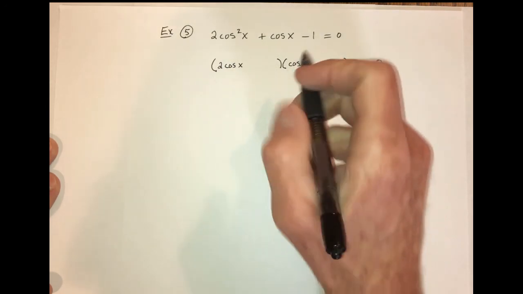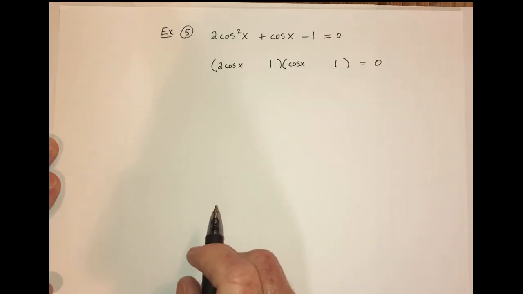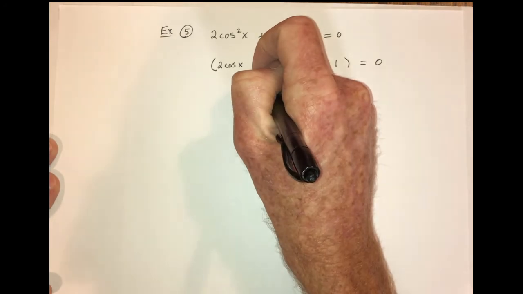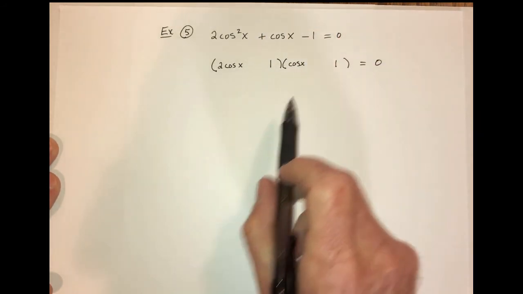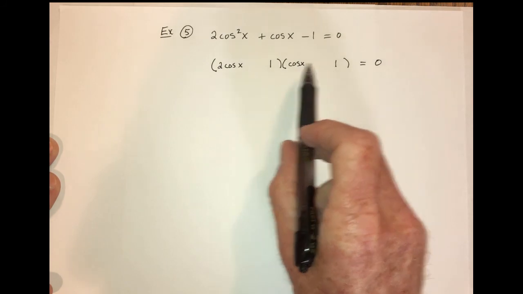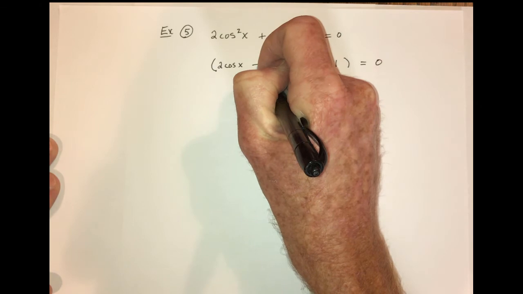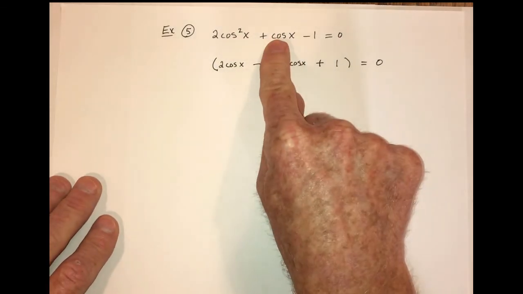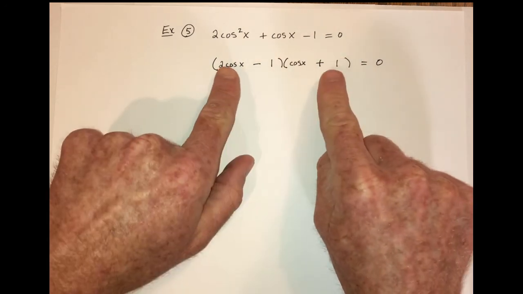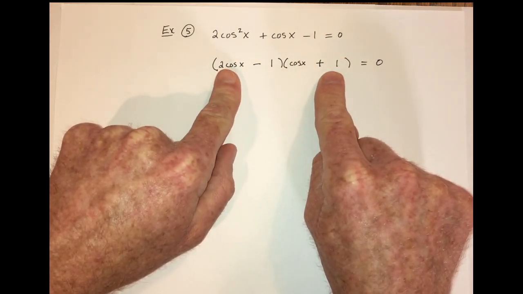Now to get the number 1, that would come from a 1 times a 1. And now one of these needs to be positive and one of them needs to be negative. So this is going to get multiplied with this. So I think that this is positive and this is negative. And then if you check to make sure that the middle term is right, these two, when you multiply them, is going to be a positive 2 cosine of x.